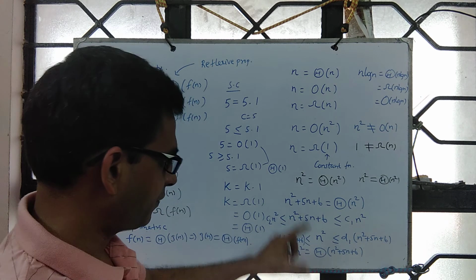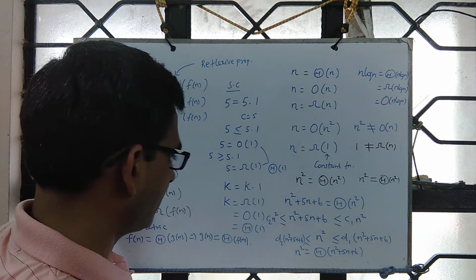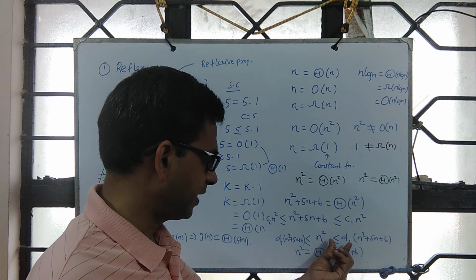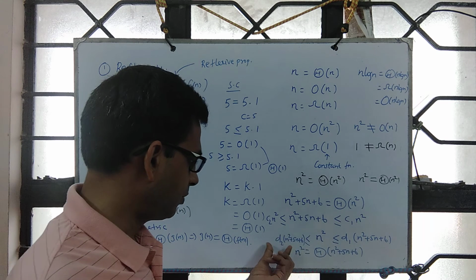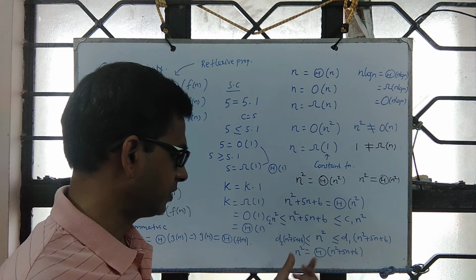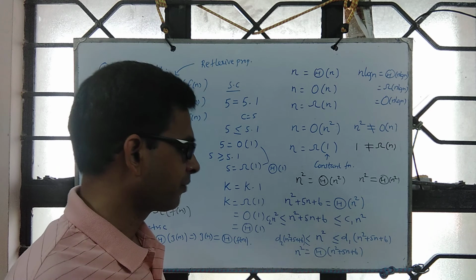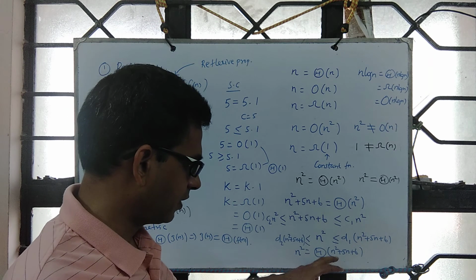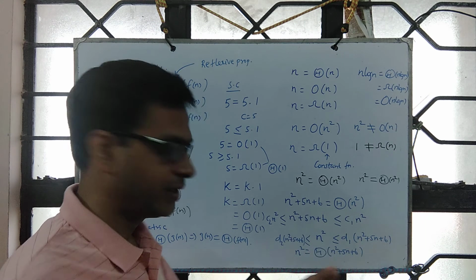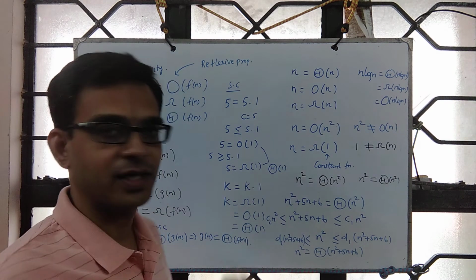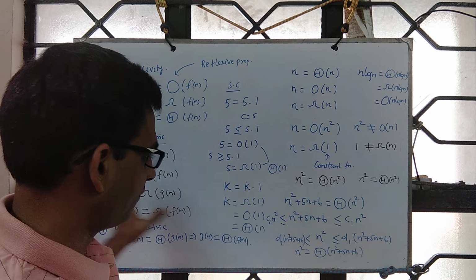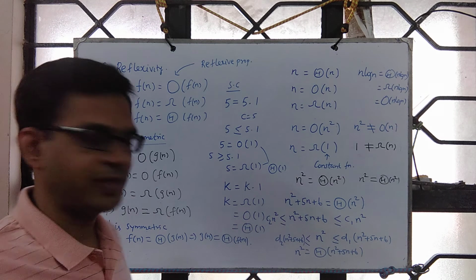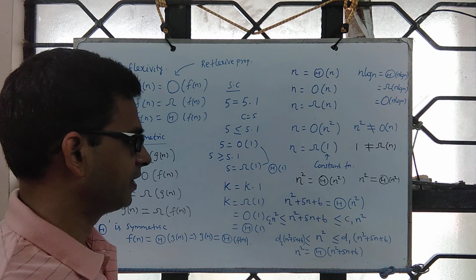And a slight variation from the definition, just to highlight that theta respects the symmetric property, I am saying n square can be upper bounded by some constant times this function, lower bounded by some constant times this function, so that one can say n square is equal to this. But in strict sense, we don't write n square equals this, because we always focus only on the leading term, suppressing the linear term and the constant term. Just for the sake of comparing the functions and to highlight that it respects the symmetric property, I made a slight deviation from the definition.